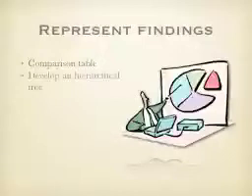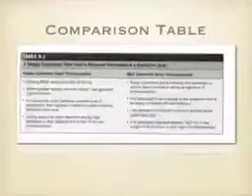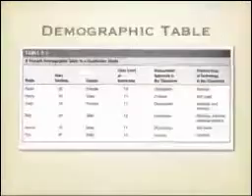Other kinds of information that you can use: you can create tables or maps. Here are some examples of how that might work. Here's a comparison table that somebody could use to talk about 2 different ways that groups talk about something, in this case female statements or male statements about professionalism. You can put them side by side.